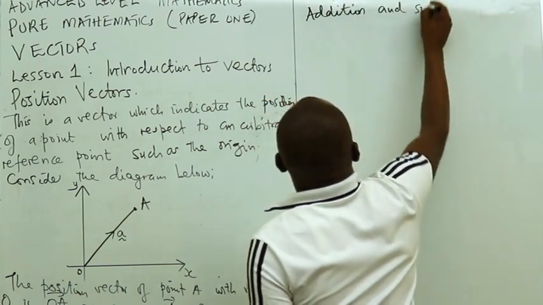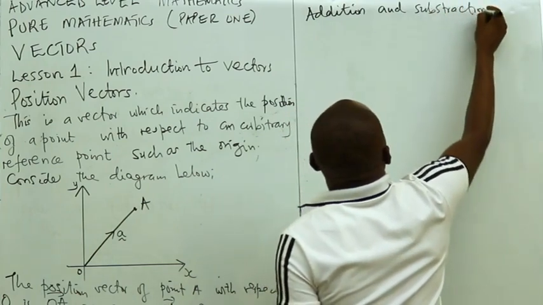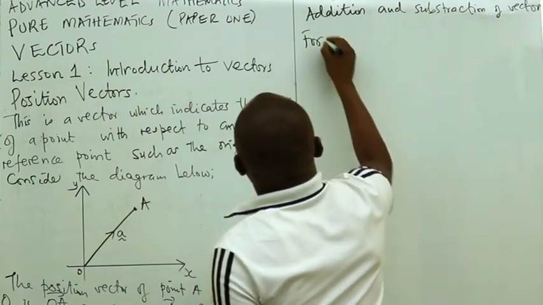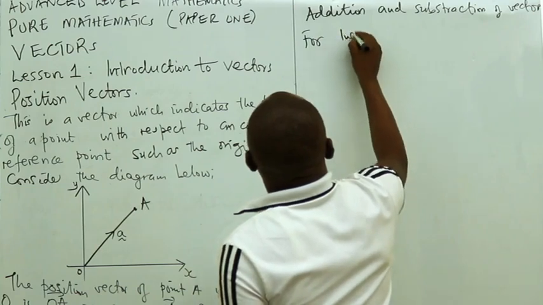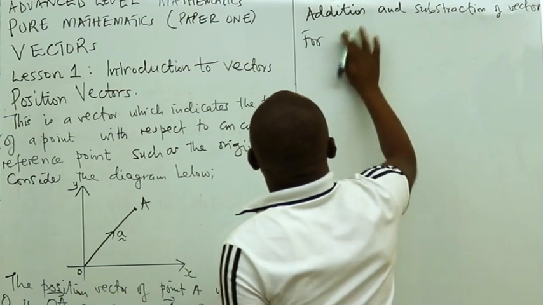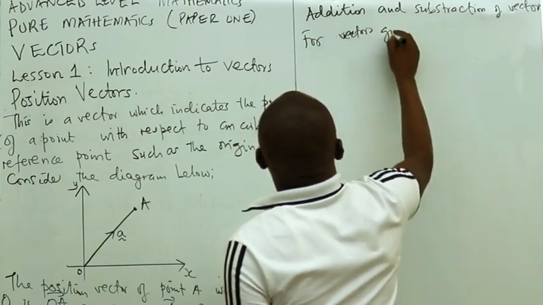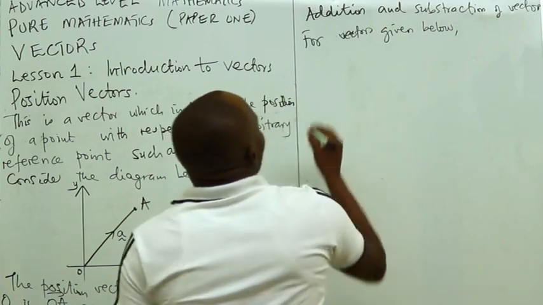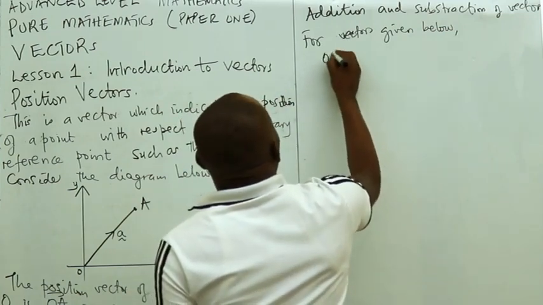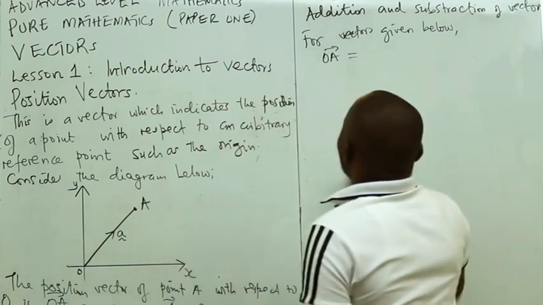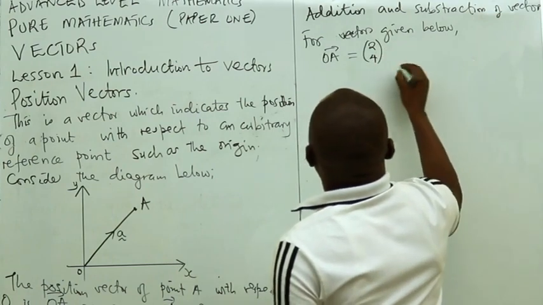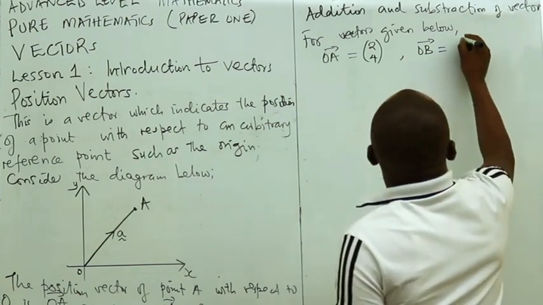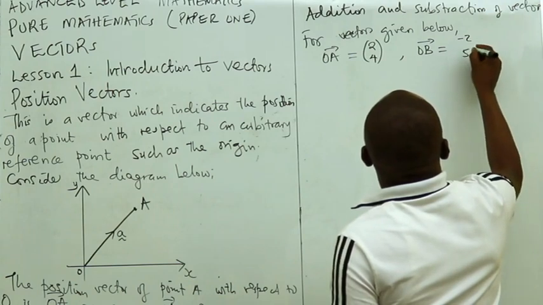For two vectors given below, if we have OA, which is 2, 4, and OB, which is -2, 5.